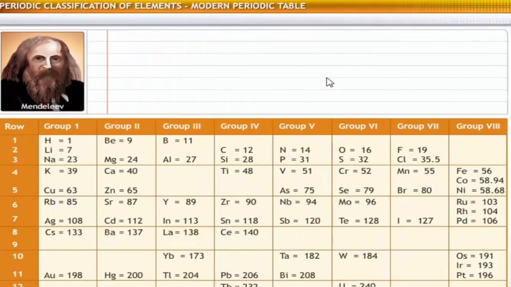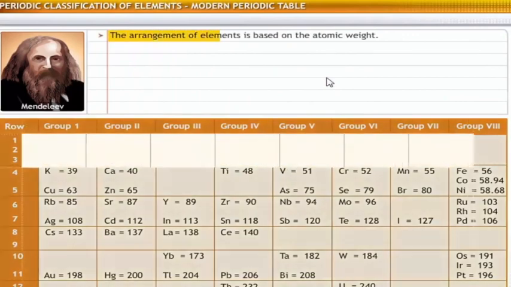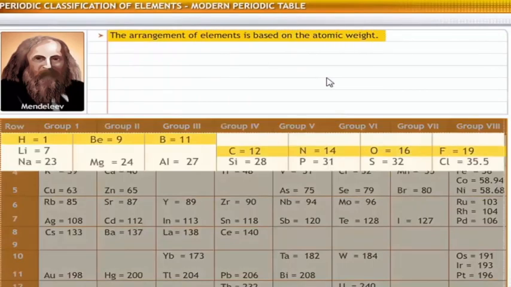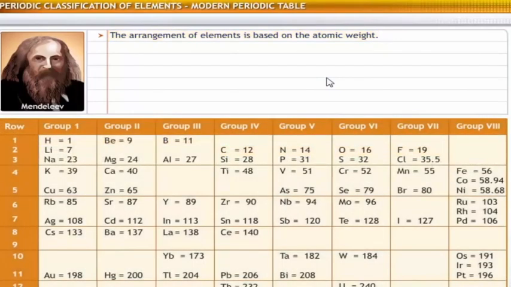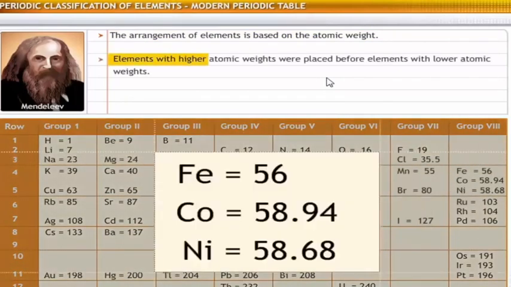This was intended to illustrate the arrangement of elements using atomic weight as the basis of classification. However, this arrangement showed some anomalies, like elements with higher atomic weights being placed before elements with lower atomic weights.